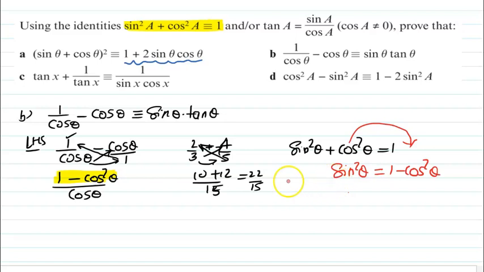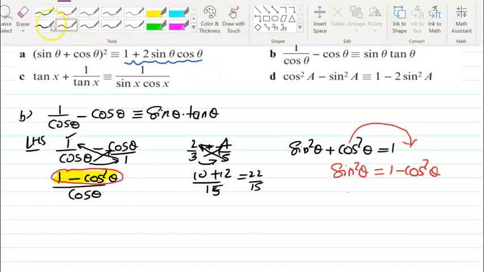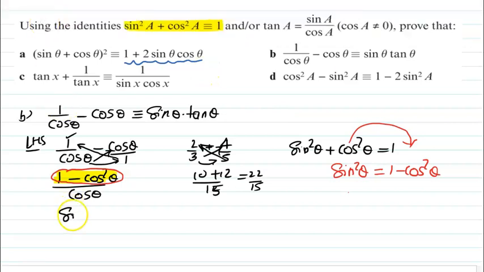Is that okay? So in this place we can write sine square theta over cos theta. Sine square theta we can break into two parts: sine theta times sine theta, and here is cos theta.